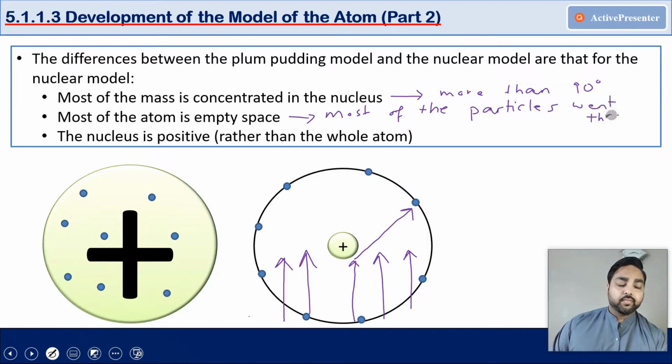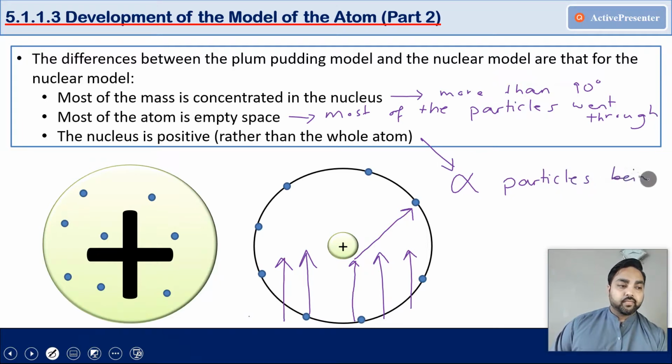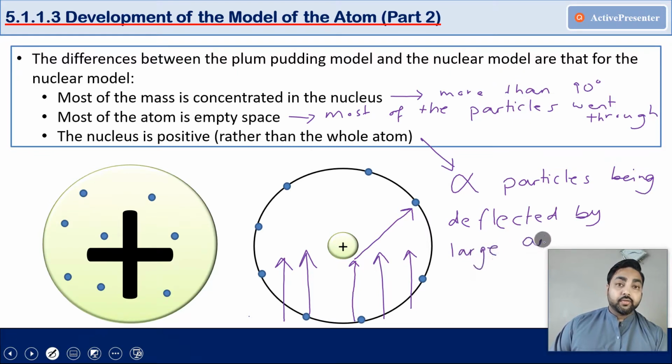And in terms of the nucleus being positive, this was related to alpha particles being deflected through large angles. And obviously those angles have to be less than 90 degrees.